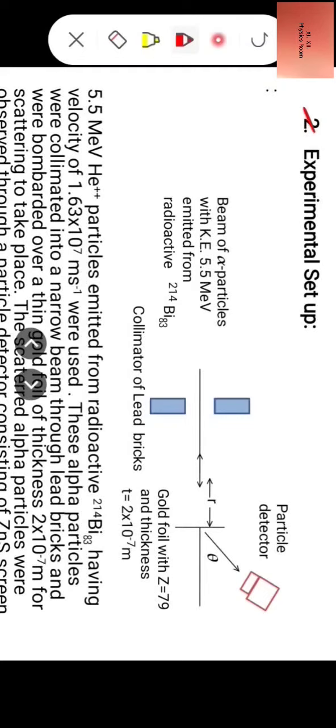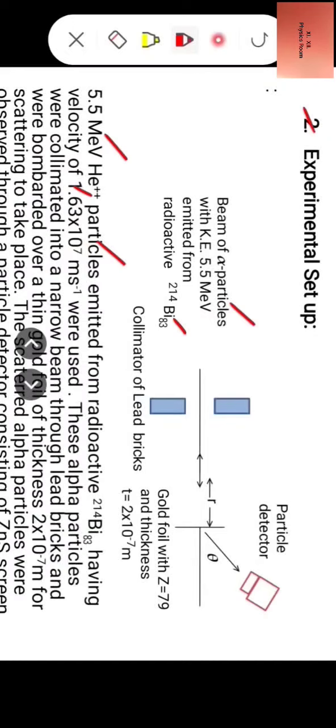Second, experimental setup. 5.5 million electron volt helium particles, that is alpha particles, emitted from radioactive bismuth-214 (Bi, Z=83), having velocity of 1.63 × 10⁷ meter per second, were used.